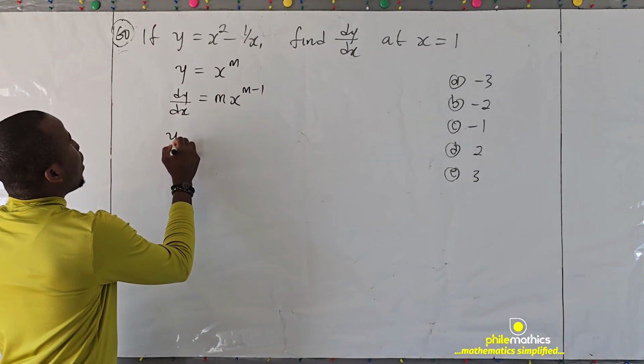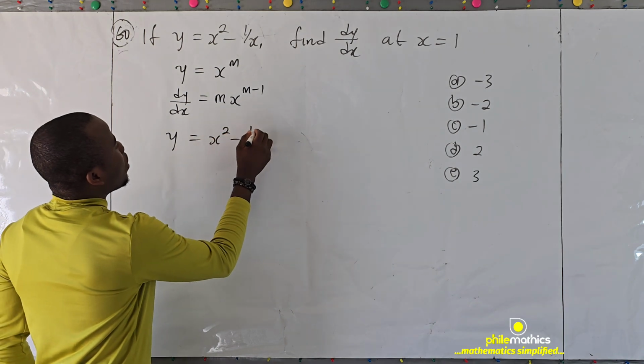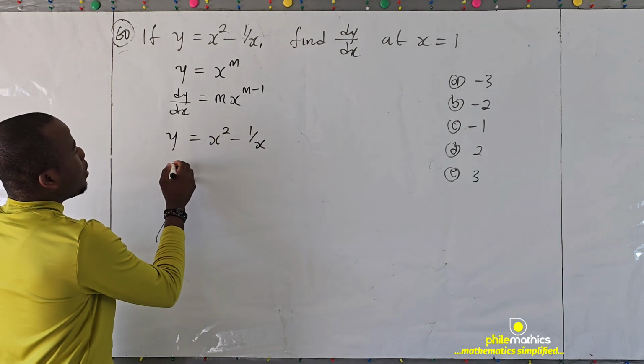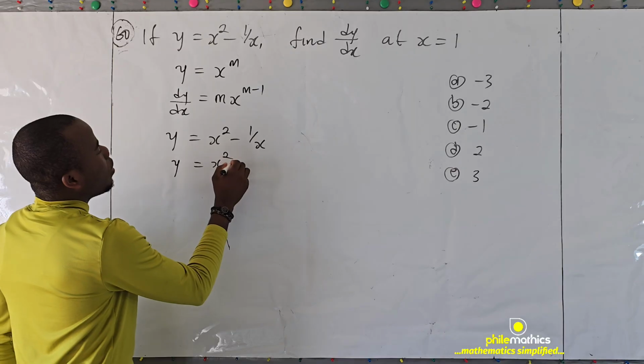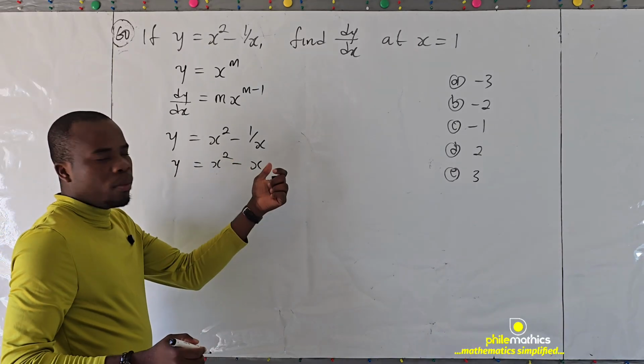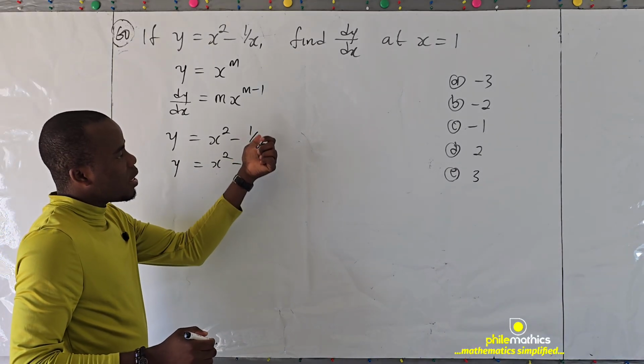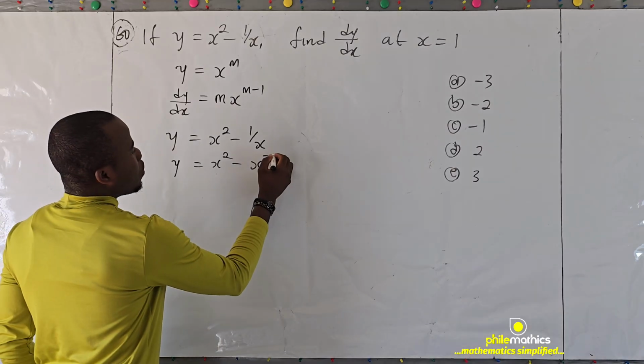So for y equals x squared minus 1 over x, this is the same as y equals x squared minus x to the power minus 1, from laws of indices.